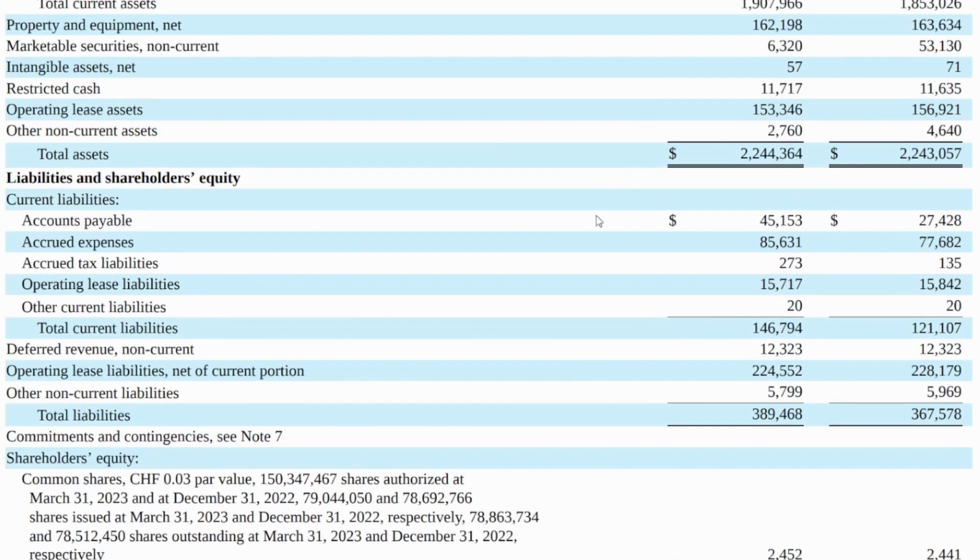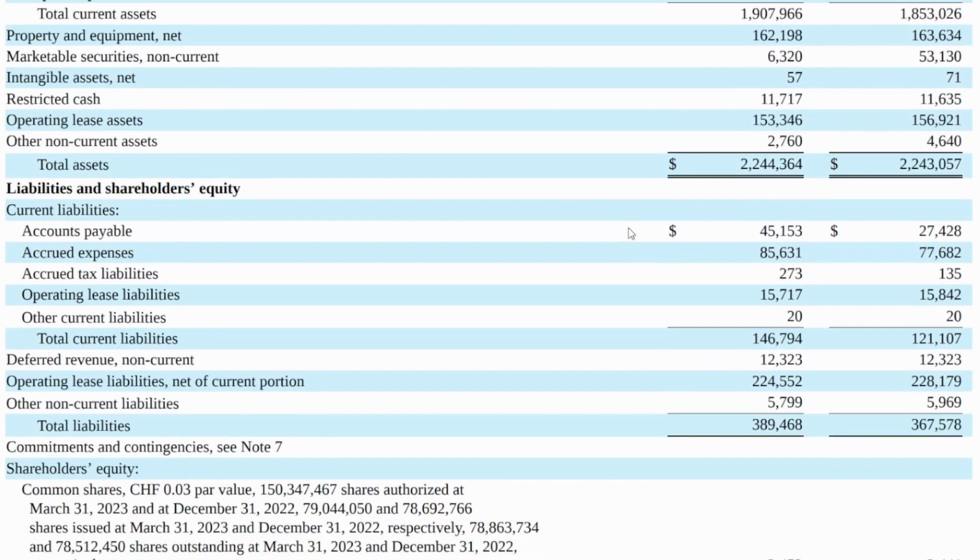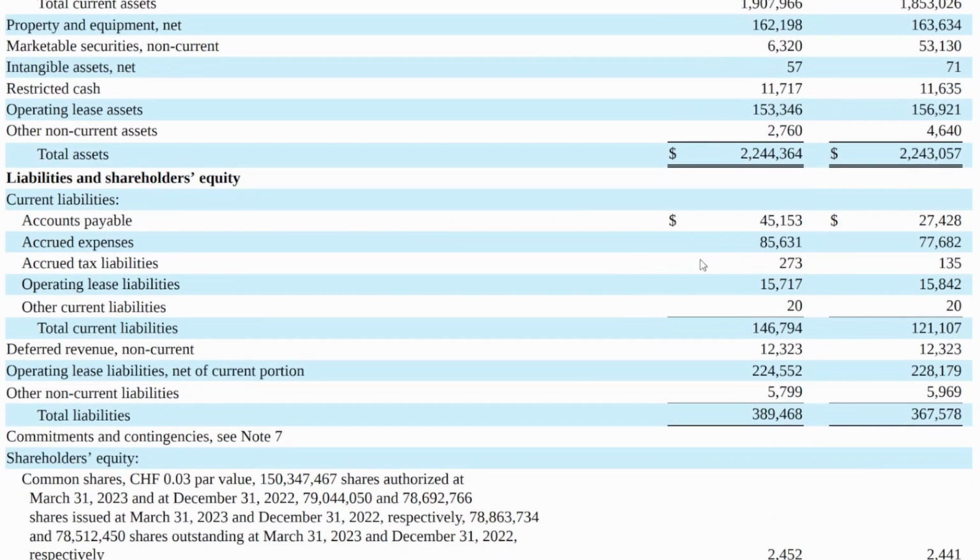Now, remember that $1.88 billion in cash that we figured out over here? If we consider $1.88 billion in cash, and that we have about $146 million of short-term bills and $243 million in long-term bills, we could pay off all of our liabilities right away if we wanted to.